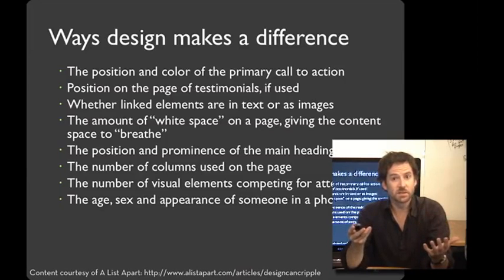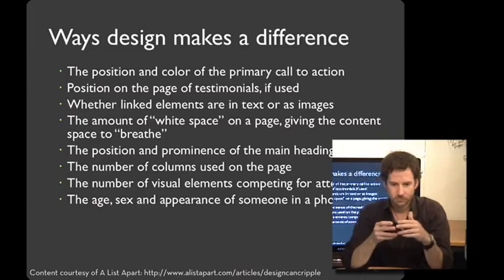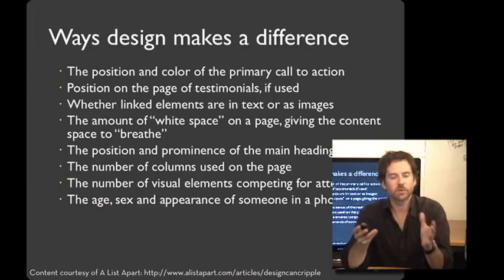How much white space does a page have? Where is the main heading and how prominent is it? How many columns does a page use? What are the visual elements that are competing for somebody's attention? And what's going on in the photos? In our visual design lectures, we talked about strategies for using these tools more effectively. In this lecture, we're going to look at techniques for being able to measure whether the outcome is the outcome you like.